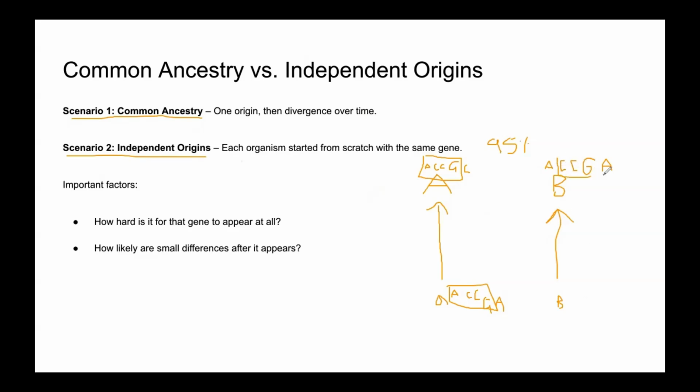So it has the same genetic code, right? Little b gave rise to big B, and again, it had the same genetic code. So what's the explanation for why they share 95% similarity in their genome? Why does big A and big B share 95% similarity? It's because of chance, right?